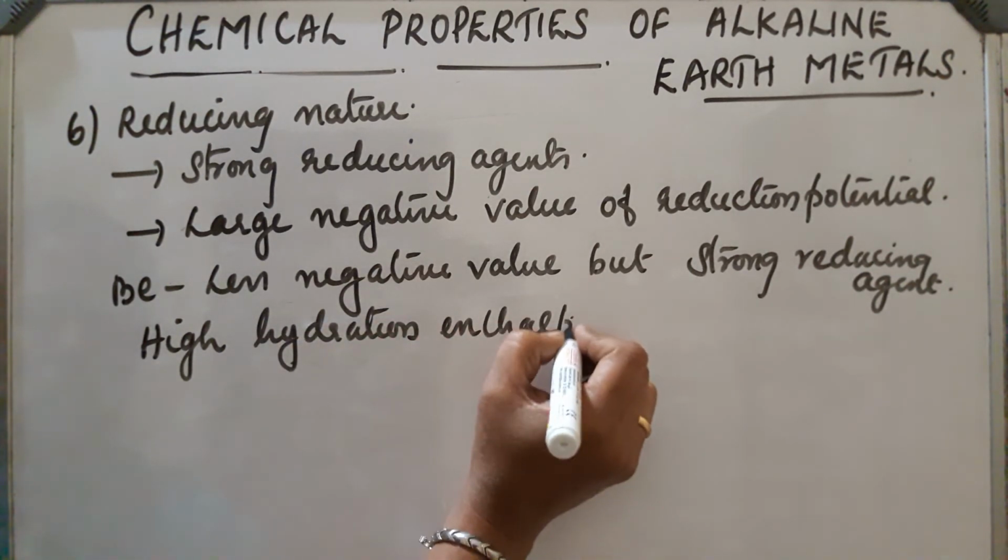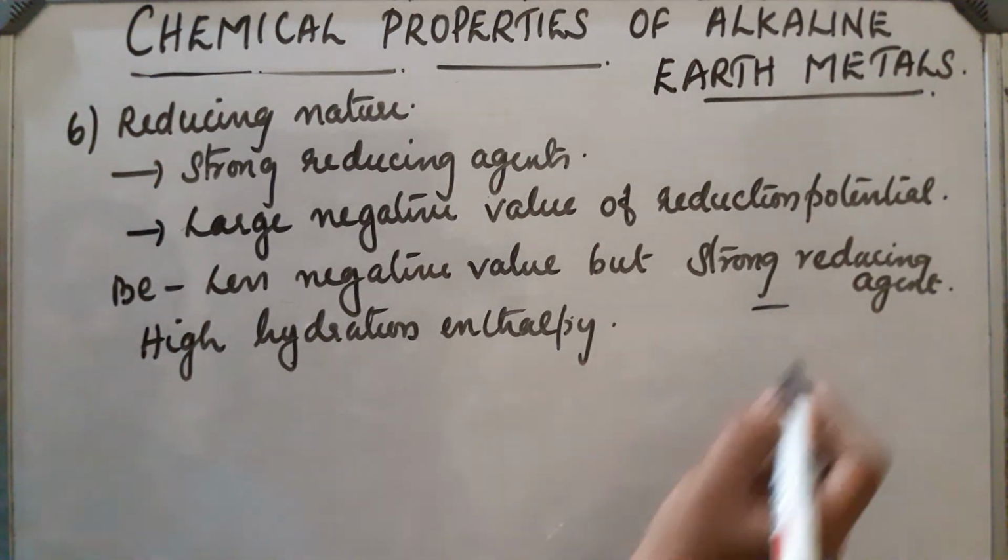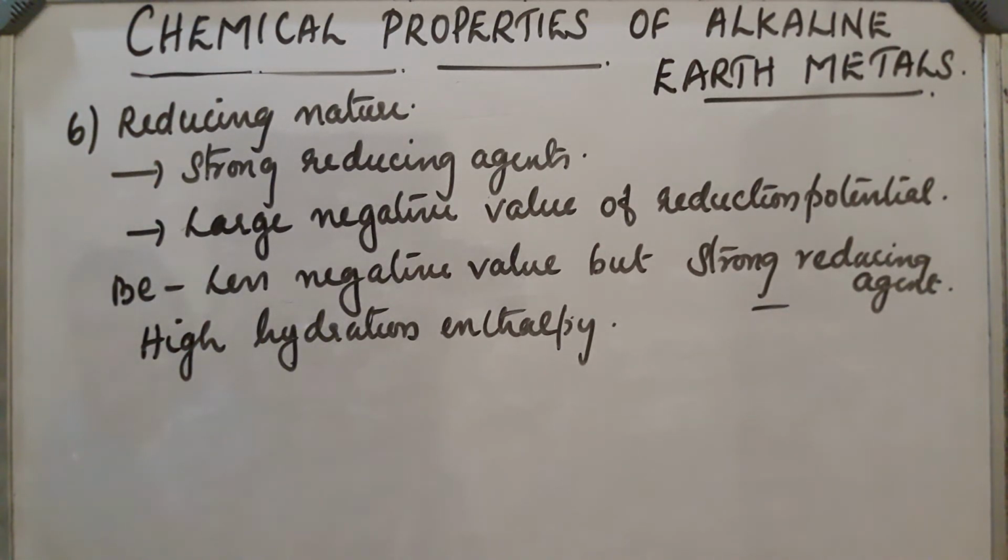Due to their high hydration enthalpy, they can easily lose electrons and are strong reducing agents. This much about the reducing nature of alkaline earth metals.